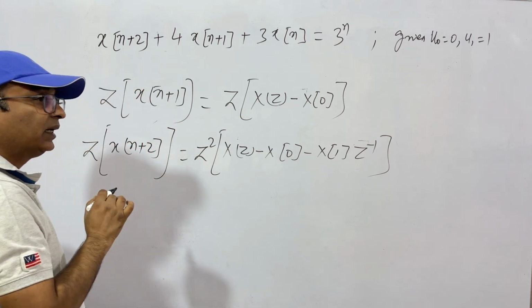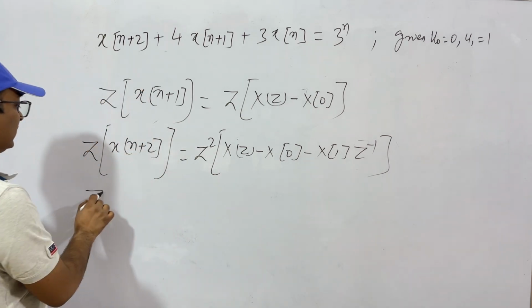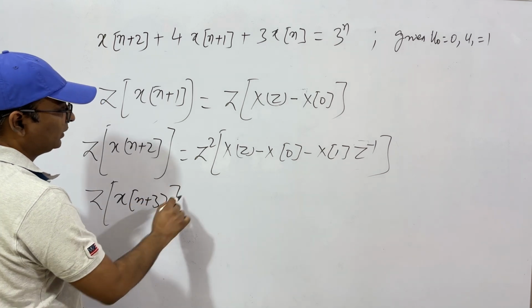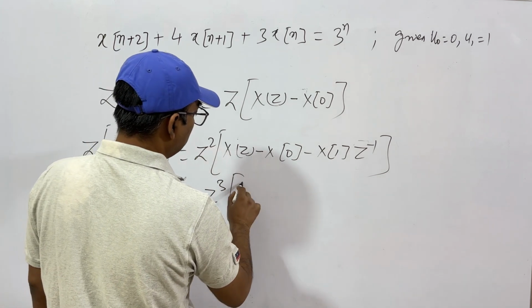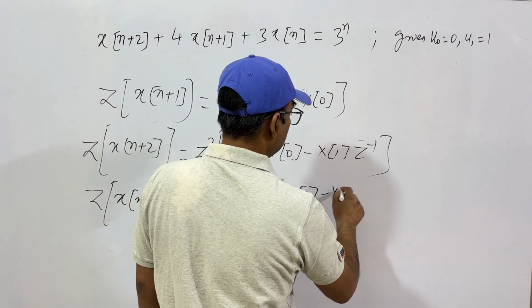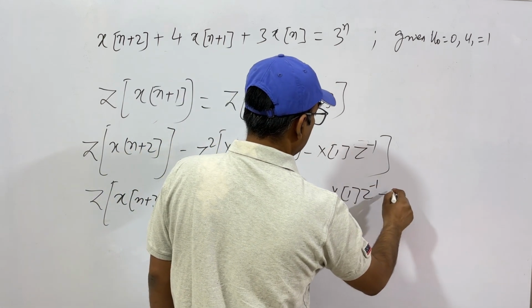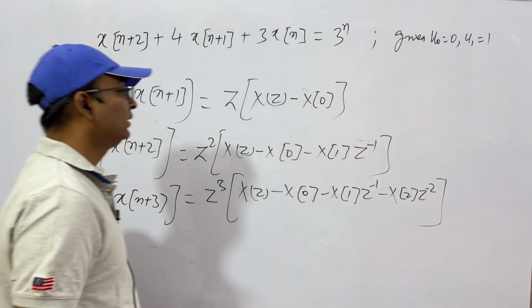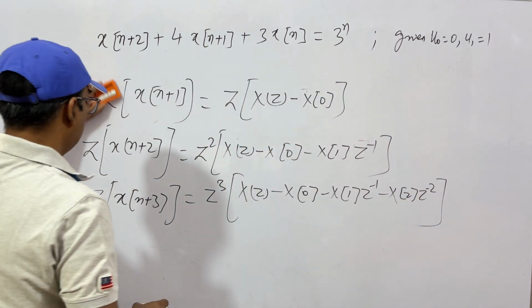Sometimes use u(n), sometimes use x(n). Then n plus 3 will be z cube X(z) minus x(0) z square minus x(1) z minus x(2). So these are simply different notations.